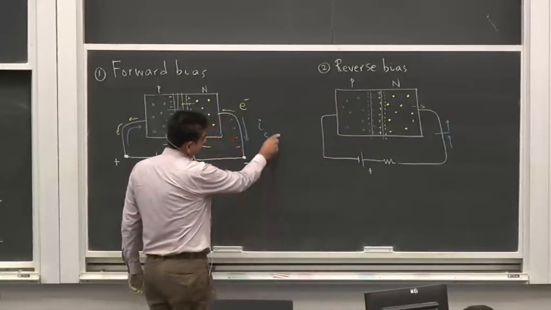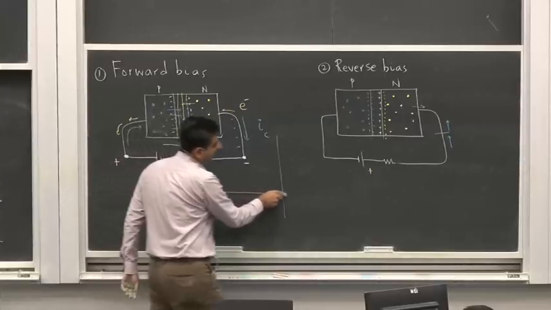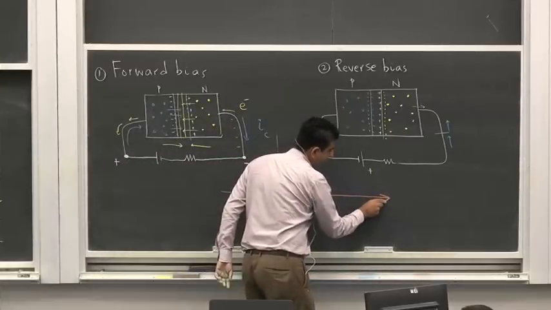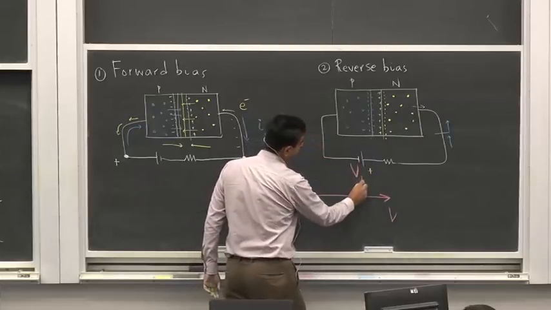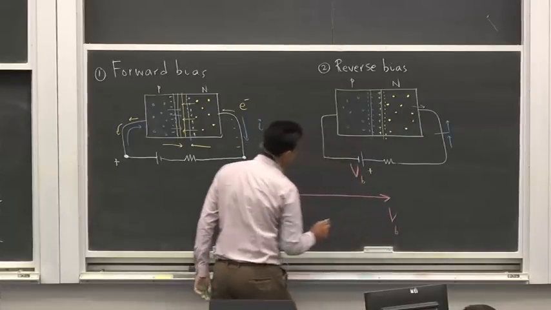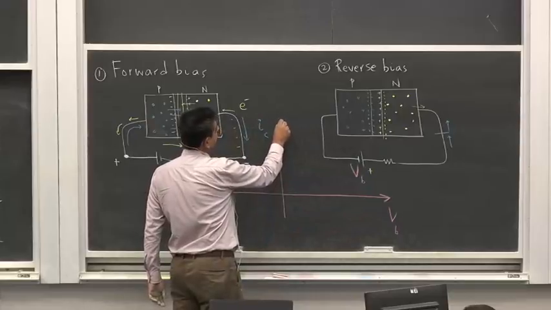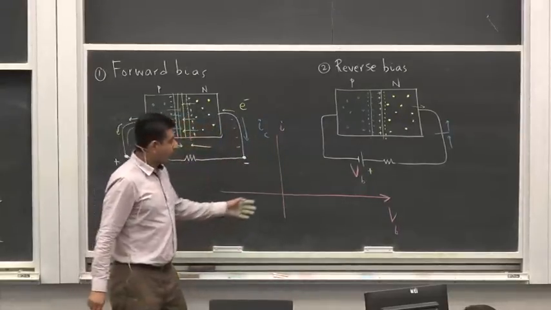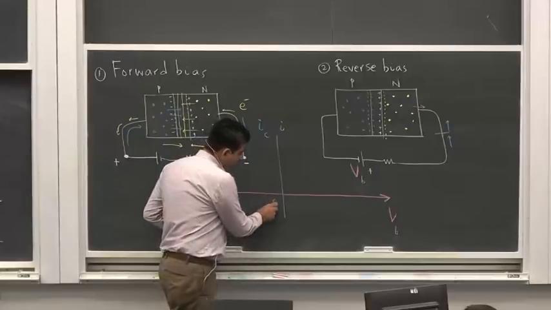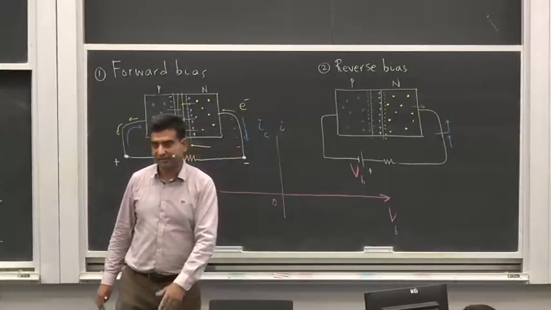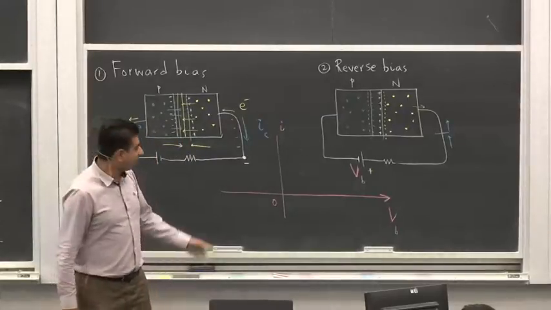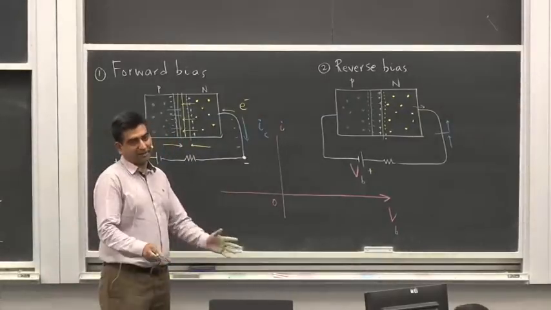if I were to make a diagram of applied voltage V or VB, which is the bias voltage, and the current through the diode, when the bias voltage is positive, which means that the diode is forward biased, there is some current. And when it's reverse biased, there is no current.